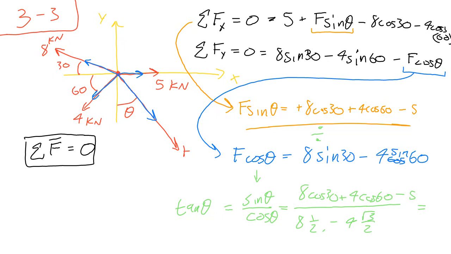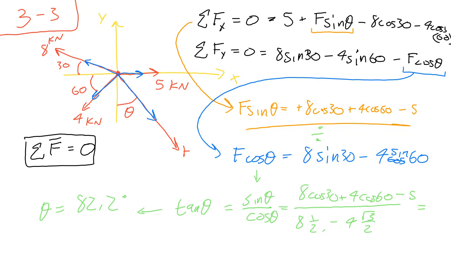Okay, so we put that into our calculator, then we can solve for the angle theta. Once we do that, we should get theta is equal to negative 2.2.